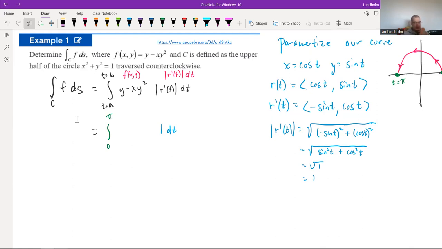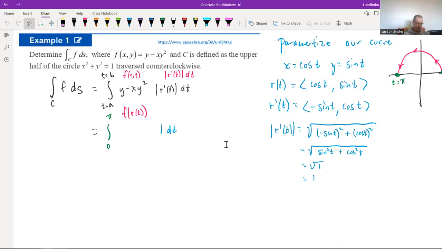And then in the middle part, we actually want this to look like f of r of t. Basically that means we look over at our vector r of t and plug these in for x and y instead, so that when we see y over here, instead of y, we're going to write sine t. Purple.